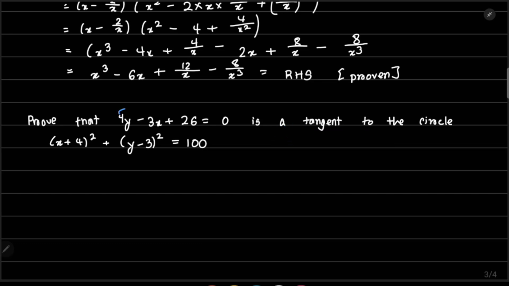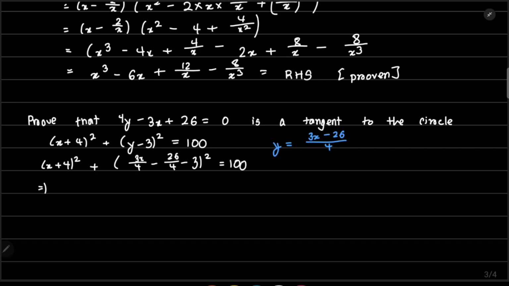So I'll make y the subject from here. From the equation of the tangent, we'll get y equals (3x minus 26) divided by 4. I can put that inside the circle's equation. So (x plus 4) squared plus (3x by 4 minus 26 by 4 minus 3) whole squared equals 100.